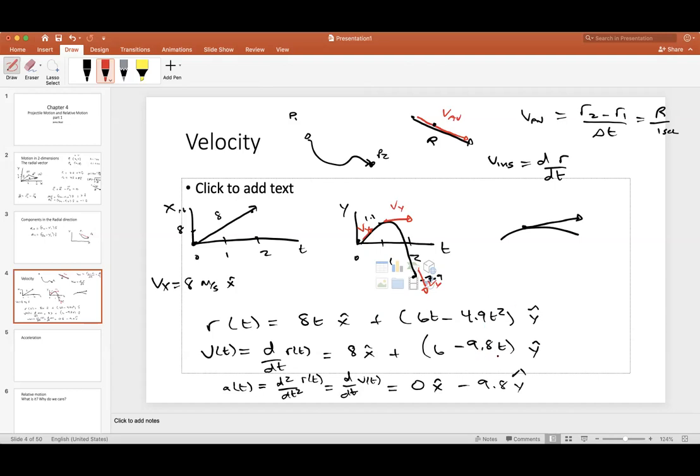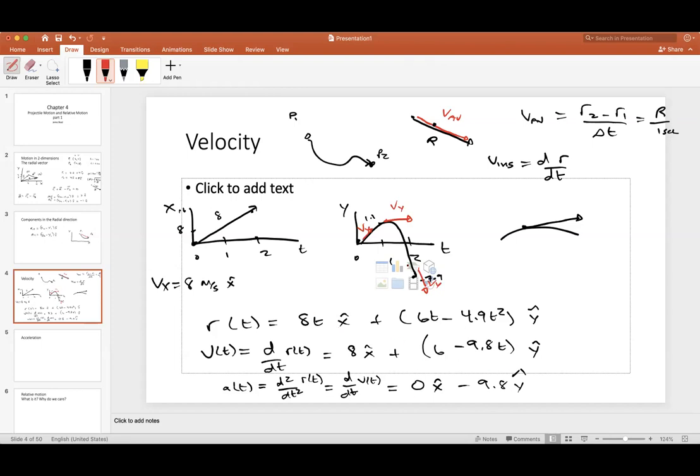At time 2 seconds, it would be 6 minus 19.6, which is minus 13.6. So my velocity becomes more and more negative. Even though it starts off initially positive, the slope changes. When is it 0? It's 0 when t is equal to 6 divided by 9.8, so a little after 1 second.